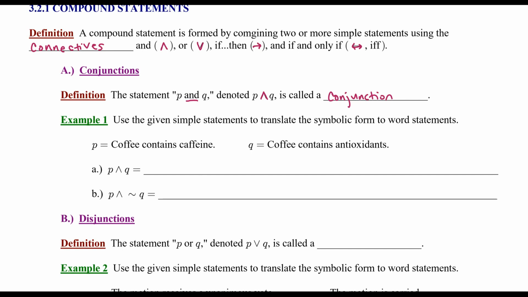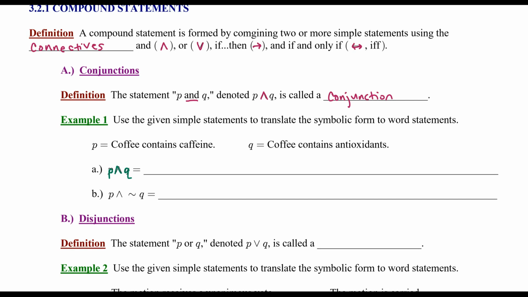So we're going to deal with two simple statements. P will represent the statement, coffee contains caffeine. And Q will represent the simple statement, coffee contains antioxidants. Both of those are logical statements and they have a truth value. We're going to translate the symbolic form P and Q, which is very concise, into its English equivalent.